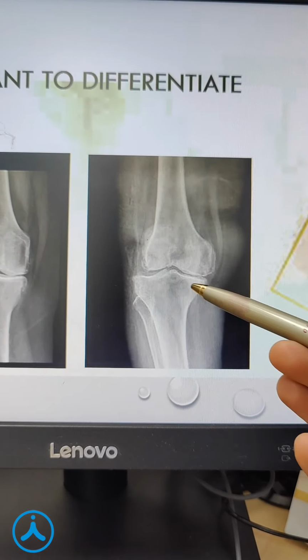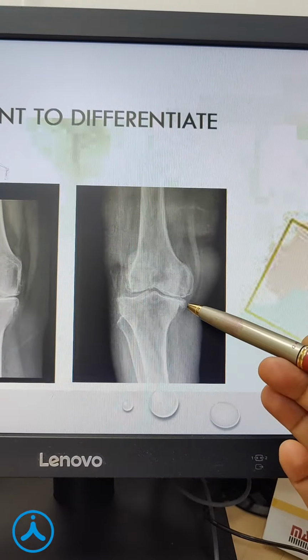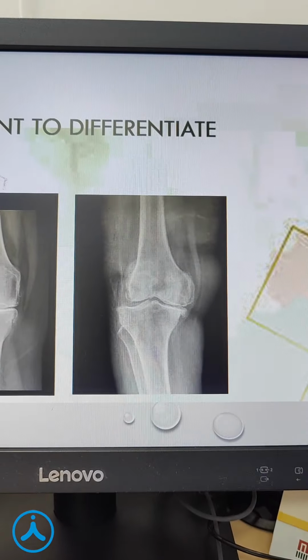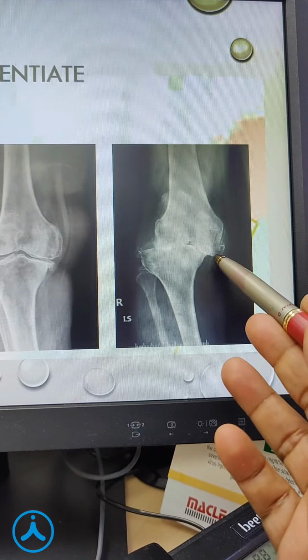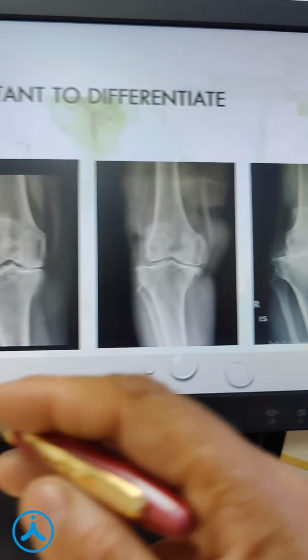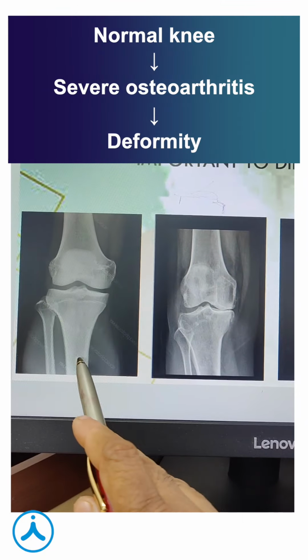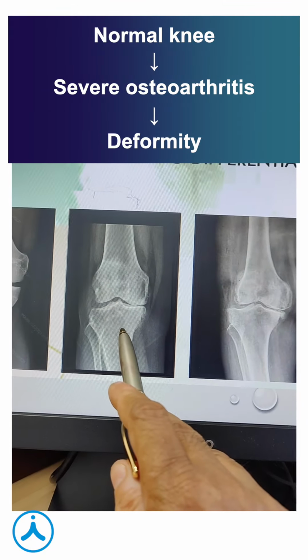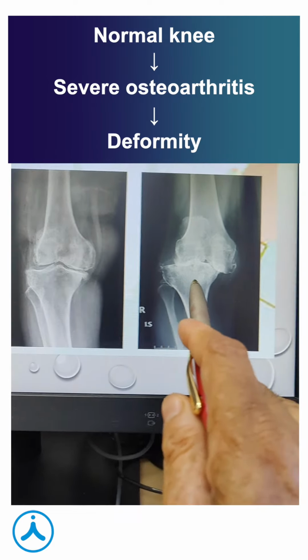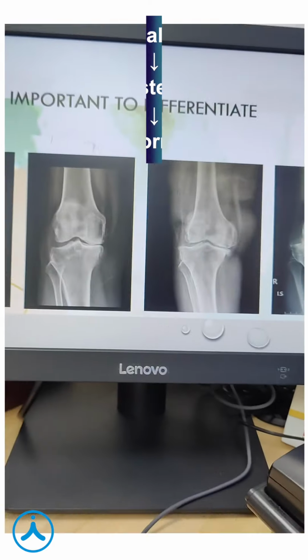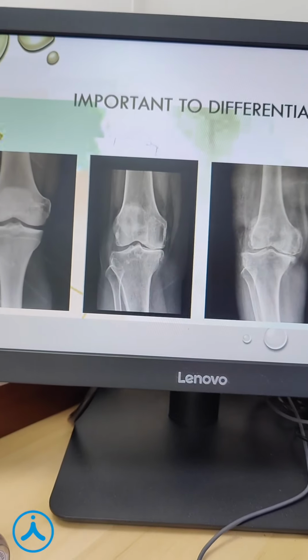The joint is going to subluxate. There is a bit of subluxation of the joint, which goes on to further subluxation. This is how a normal joint can progress into severe osteoarthritic changes, then severe changes with deformity and severe deformity. That is the progression of osteoarthritis.